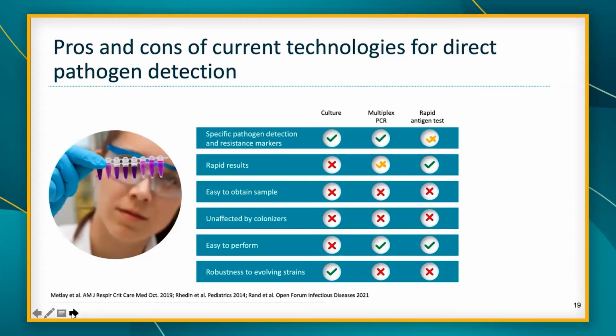And so a challenge with stewardship is really trying to decide which technology works with our microbiology lab and which technology can we actually implement and show that it makes a difference in patient care. And so you have to understand the limitations, and we don't have that perfect test yet, but we have so many to pick from, and they all do offer something better than standard culture.